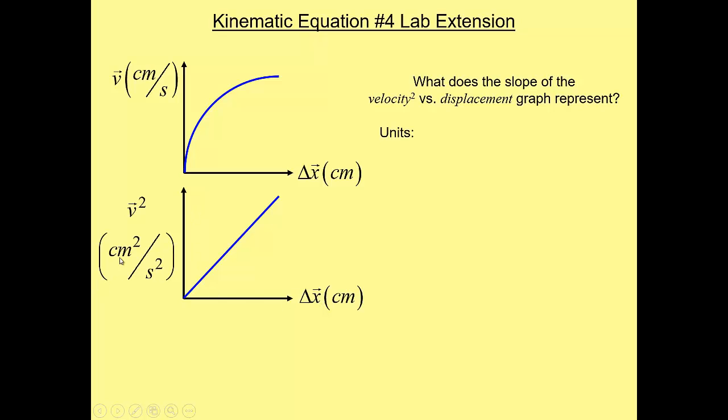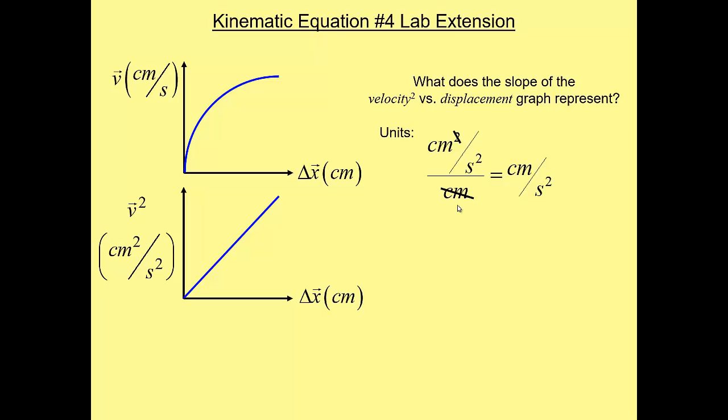So the units of rise are centimeters squared per second squared. Remember, those are velocity squared units. And then the run units are centimeters. That doesn't look like much, but simplify. The centimeter on the bottom cancels out with one of the centimeters on top and leaves us with units of centimeters per second squared. Now, we've seen units like that before. Meters per second squared, centimeters per second squared.